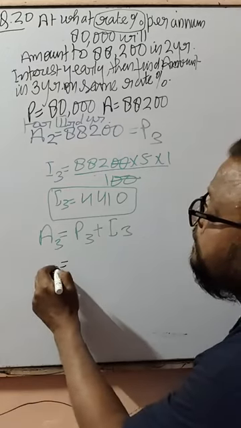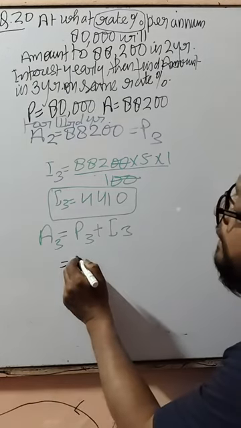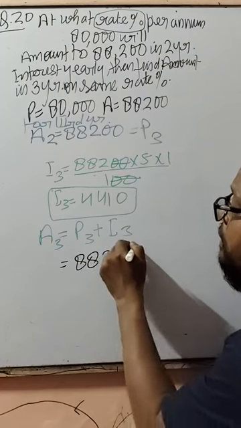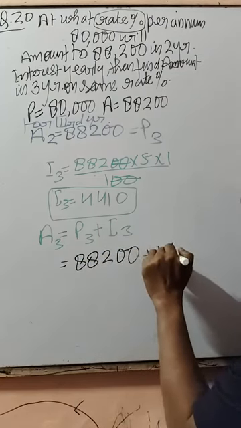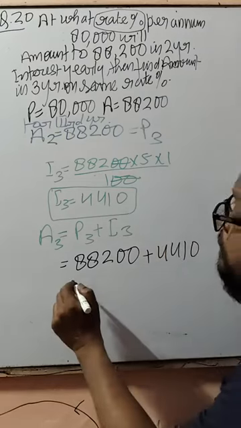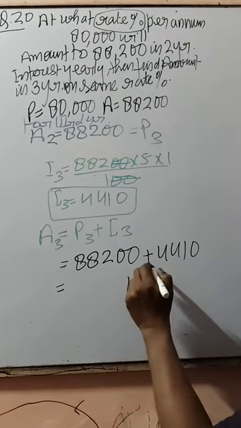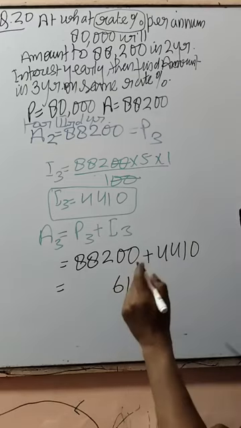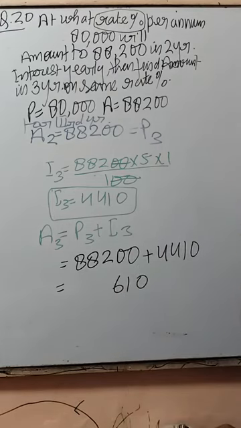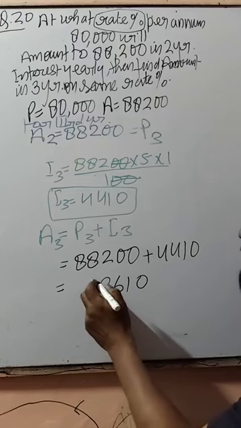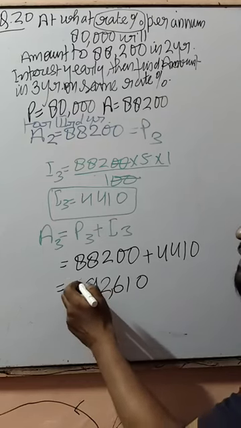That is 88,200 plus 4410, so it is 92,610 rupees.